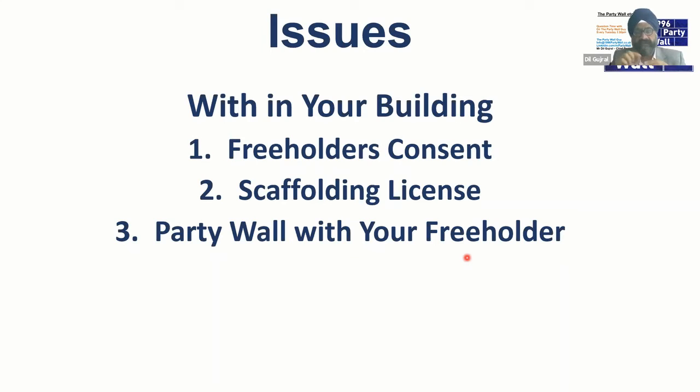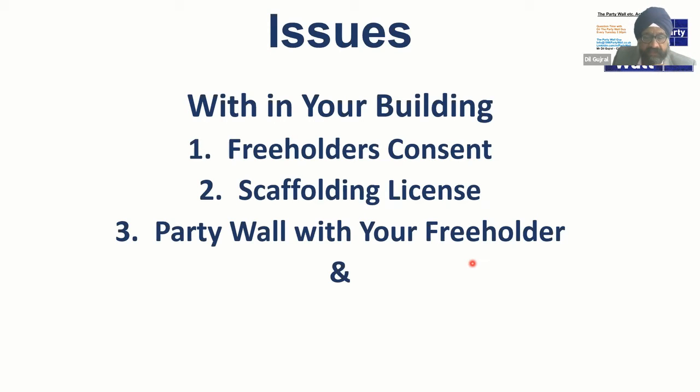Very important to do that, because occasionally you'll get freeholders saying, no, I'm going to give you consent, but I want a party wall agreement. And if they really persist with that, sometimes it's easier to do the party wall agreement. But ideally, you want to wrap these 3 up all in one go and negotiate it as part of your freeholder's consent. So that's a tip that can save you money and time and effort. So bear that in mind.